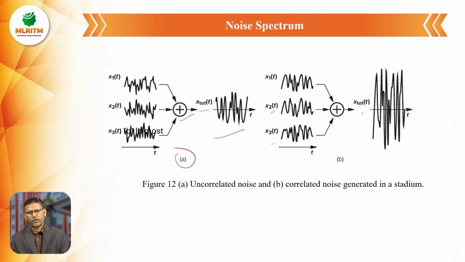If these are added together, the total signal is an amplified signal. This is the basic difference between uncorrelated and correlated noise signals. That means if we continuously get the noise signals for a long time, we can get the proper output noise signal.